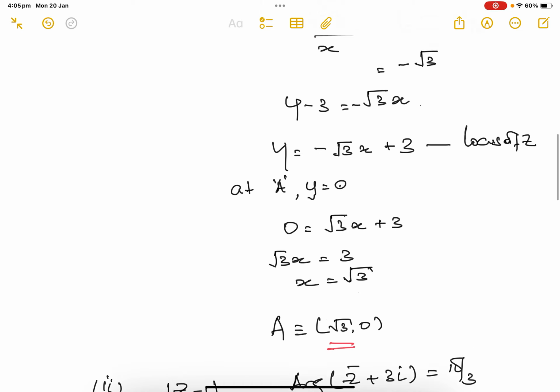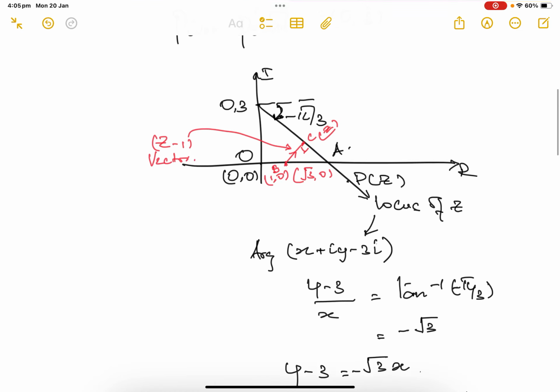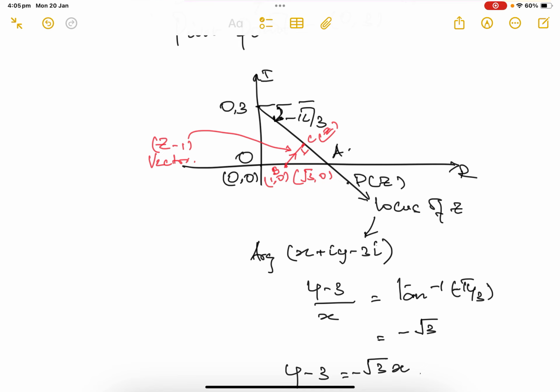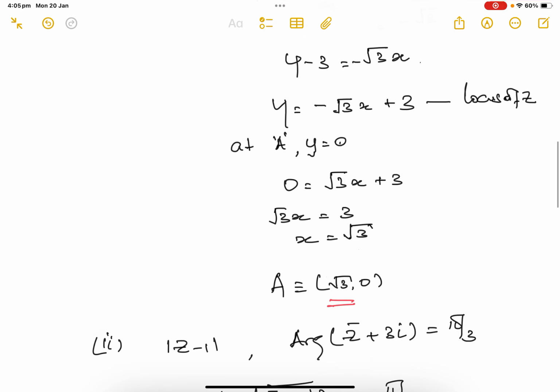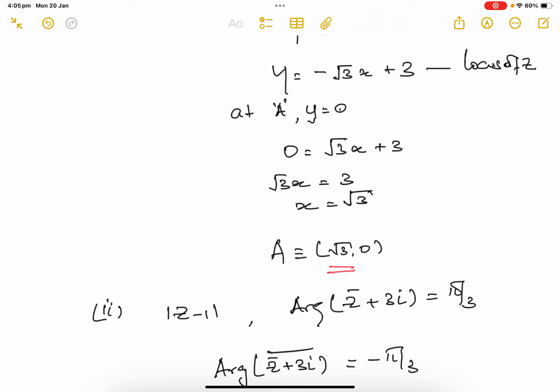The locus obviously will cut the real axis at A. We can find the coordinates of A as well. At A, the y coordinate is of course 0. So 0 equals minus root 3 x plus 3.